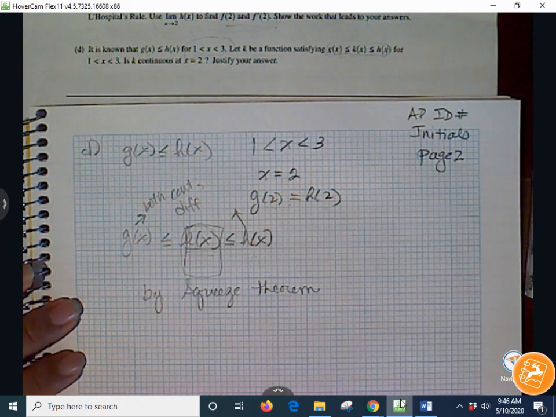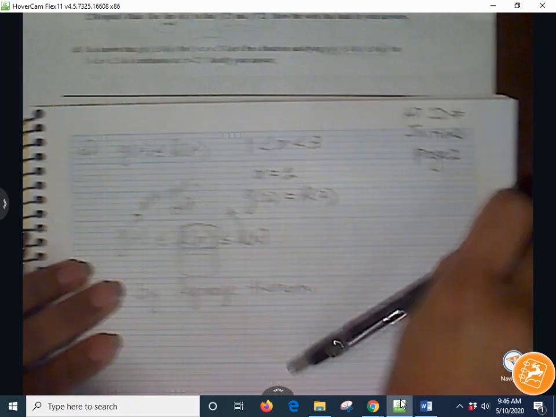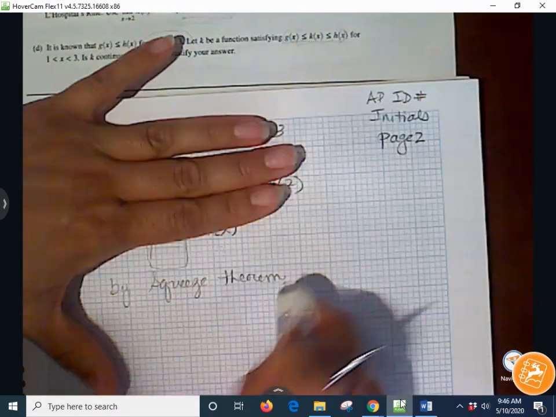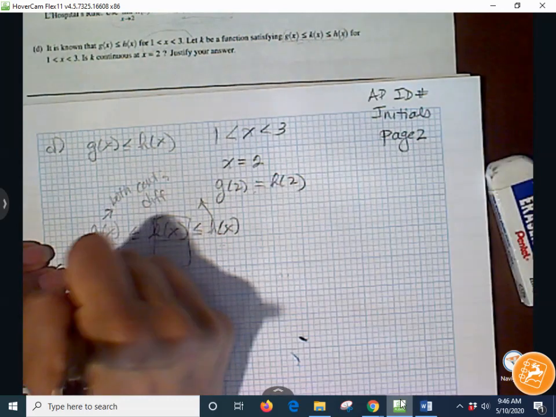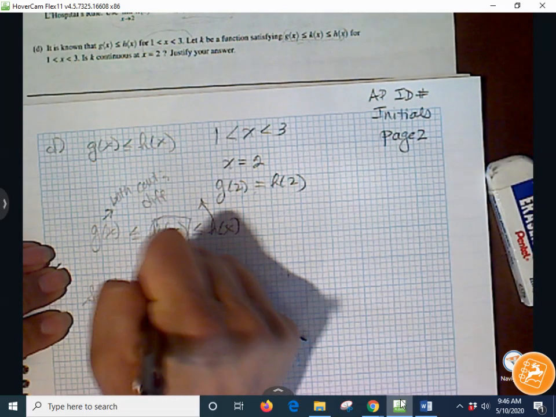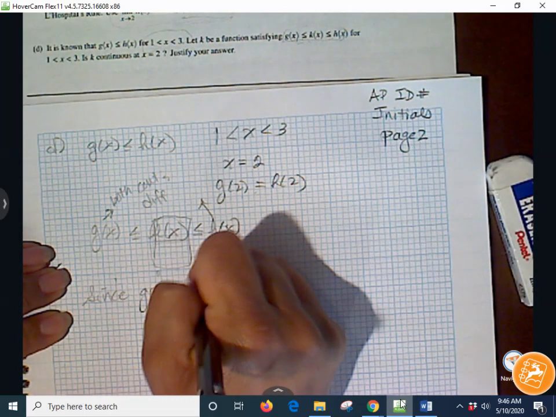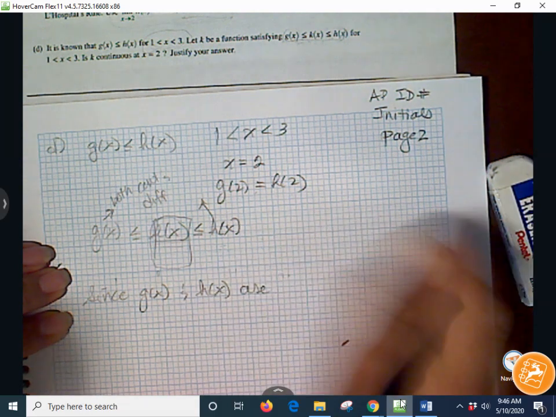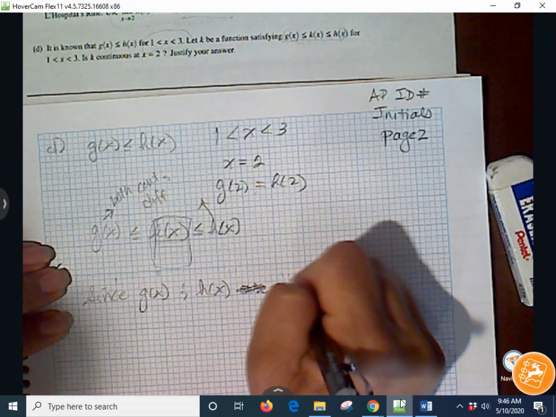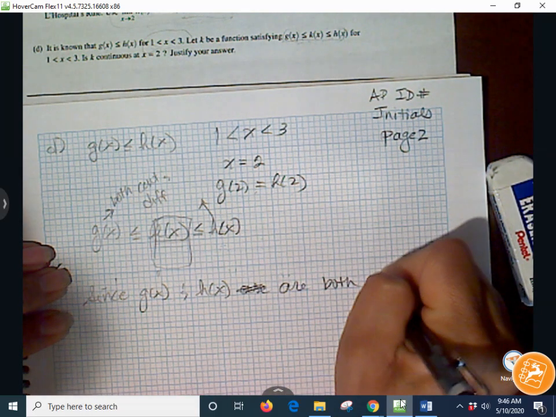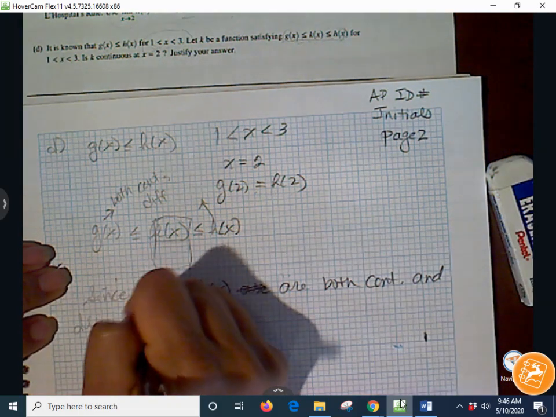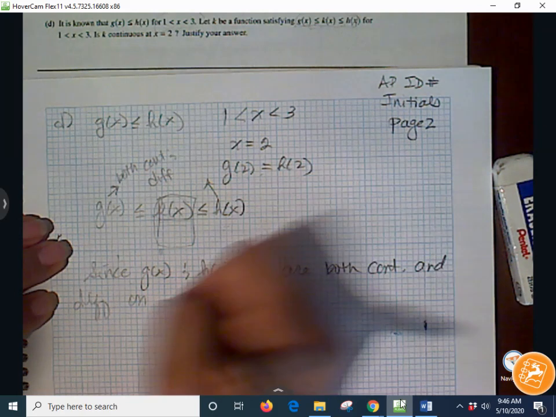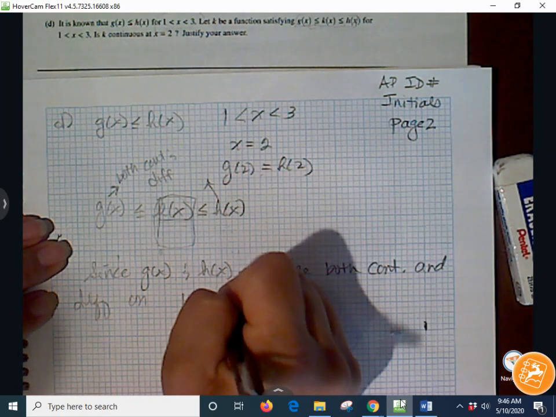Then by the squeeze theorem, wait, I should write my whole statement. Since g of x and h of x are both continuous and differentiable on, what interval are we talking about? 1.